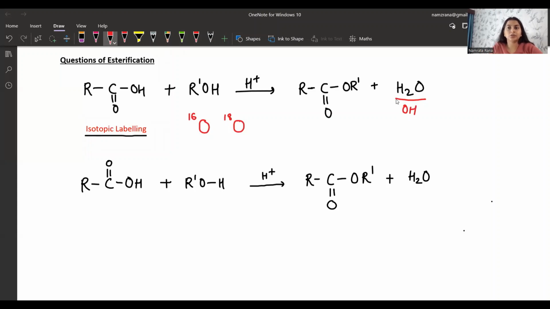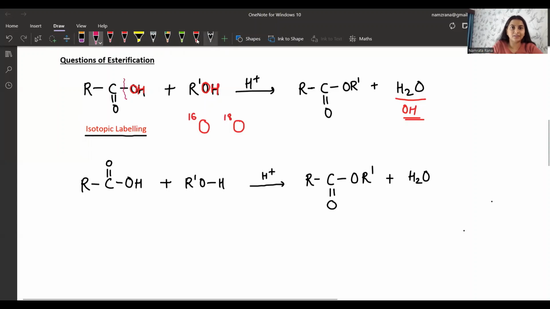Now this gives you the confirmation whether this hydroxyl group is from the acidic part or from the alcoholic part. As you can see, this OH is present in the acidic part as well as in the alcoholic part, right? So it confirms that the OH part of this water is coming from the acidic part.